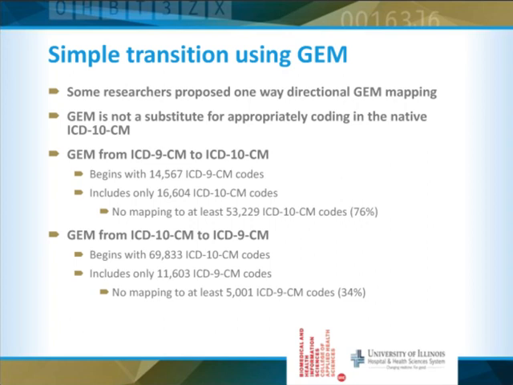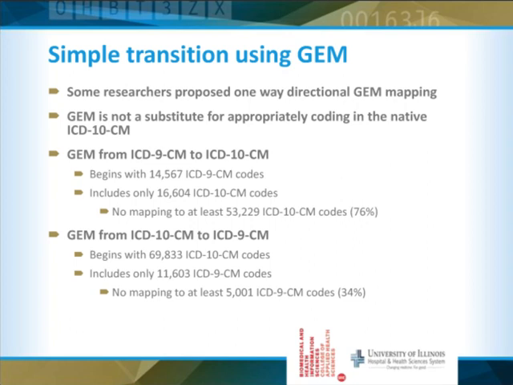We have 30 years of experience. However, if you use the GEM mapping straight backwards, you do cover all the ICD-10 CM codes, but you only map back to 11,603 ICD-9 CM codes. 34% of historical data has no mapping back to.